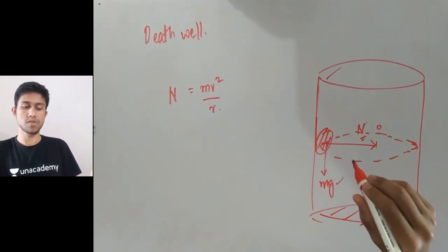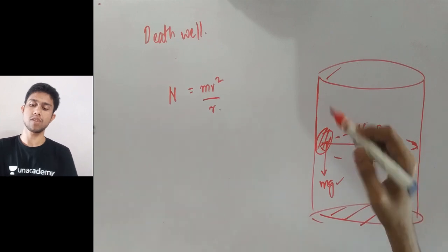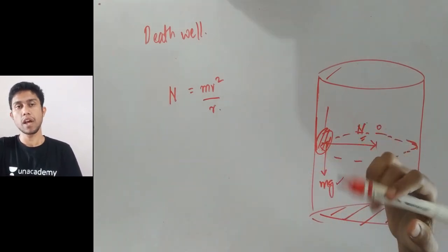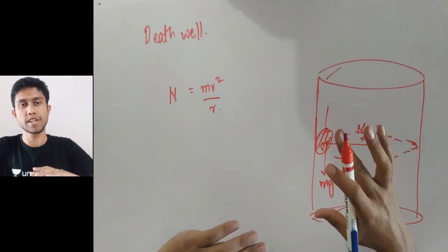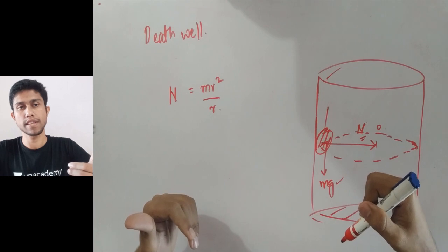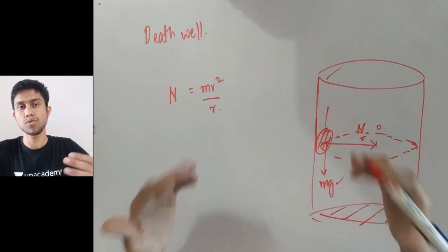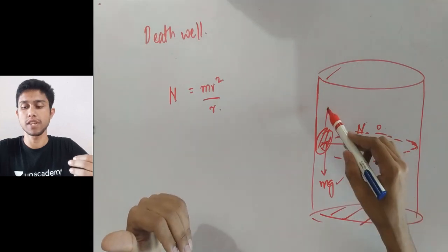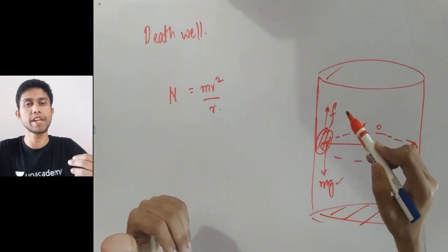Okay, sometimes they ask a question where there is friction. When they are performing the stunts, there is a chance that they can slip downwards. Hence, the tendency of friction is to act in the upper direction.